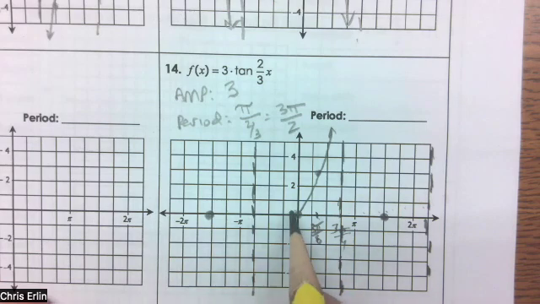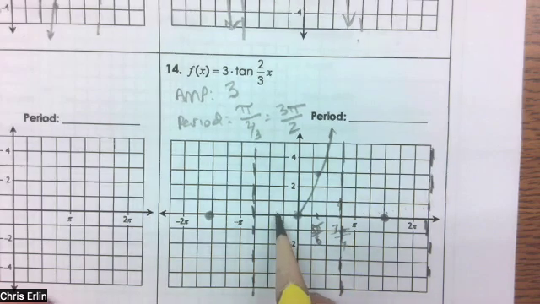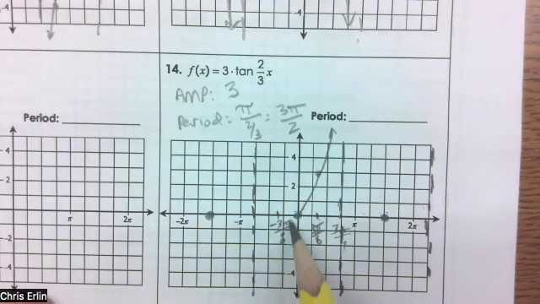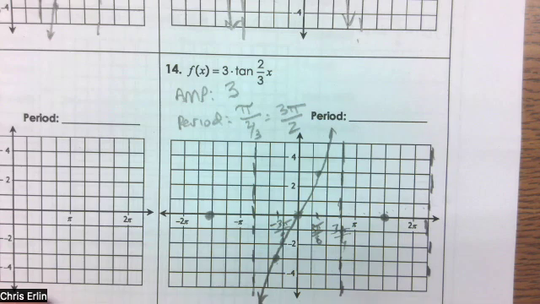Half the distance. This is 3 spots. So I'm going to go over 1.5, which is -3 pi over 8 as a number. And again, try to get a second full cycle.